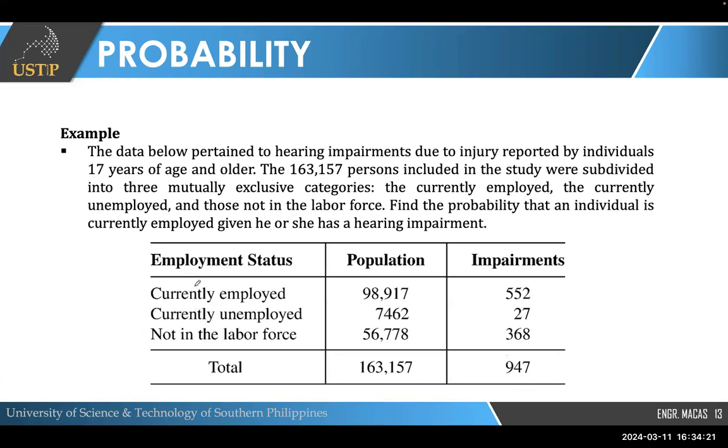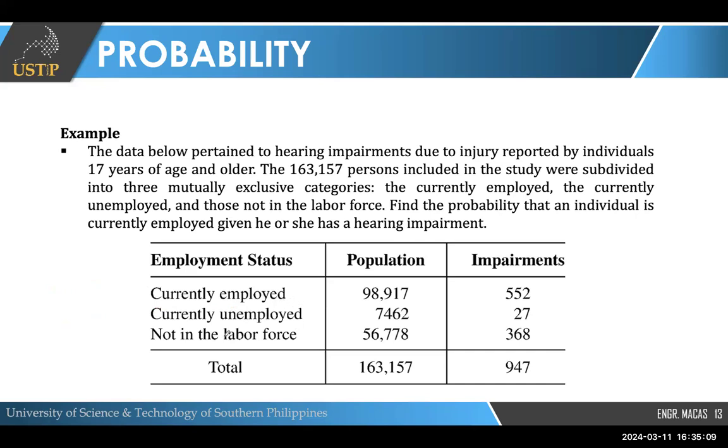It is divided into three so we can see how many persons have hearing impairment under each event. Let's just define them: currently employed, currently unemployed, and not in the labor force. This is what we call mutually exclusive, and it should be mutually exclusive so that we can use our Bayes theorem formula. Why mutually exclusive? Because if you're currently employed, you cannot be unemployed.